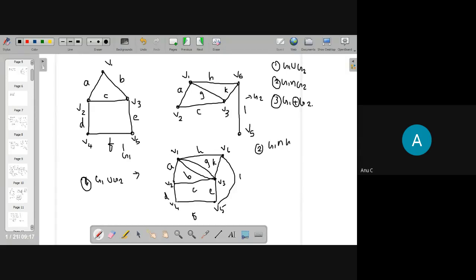G1 ഇന്റർസെക്ഷൻ G2. കോമൺ എഡ്ജസും കോമൺ വെർട്ടിസും ആയിരിക്കും റിസൾട്ടന്റ് ഗ്രാഫിൽ ഉണ്ടാവുന്നത്.